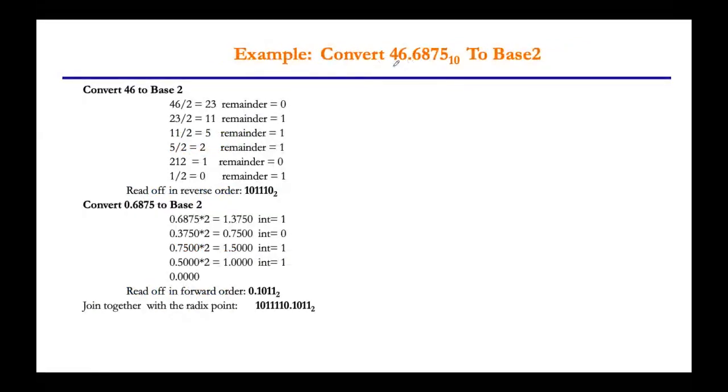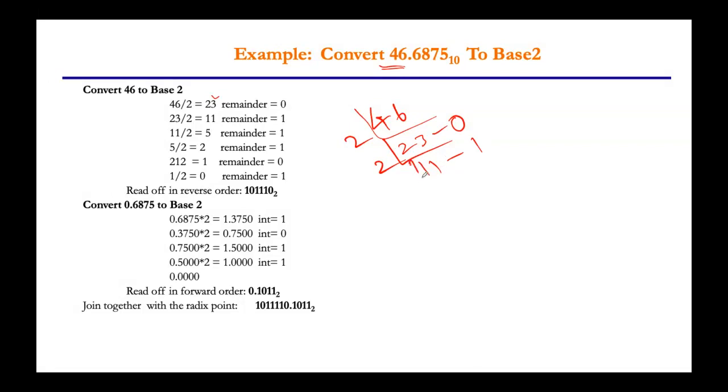So you can simply divide the integer portion of your number, that is 46, by 2. It will give 23, and the remainder is 0. Similarly, that 23 will again be divided by 2, and the remainder is 1 here.